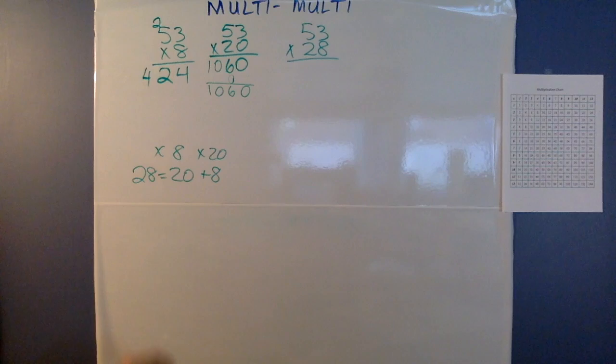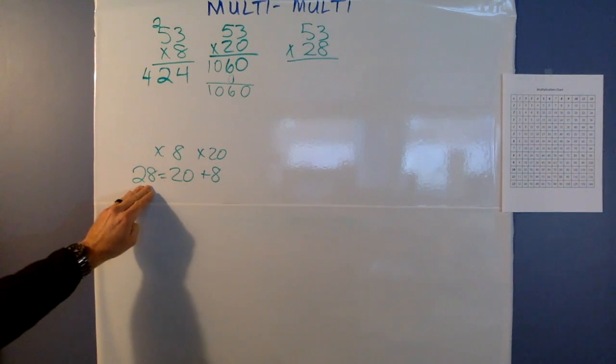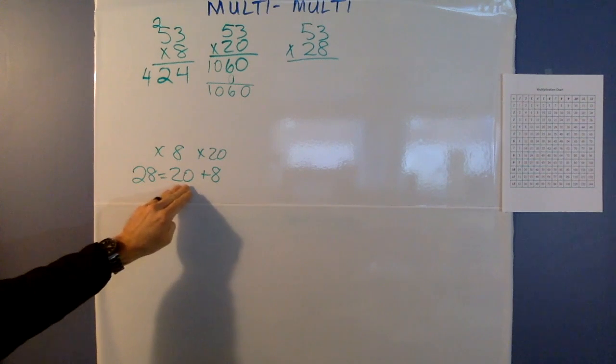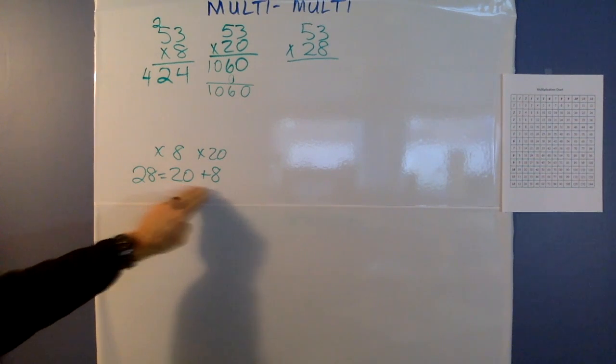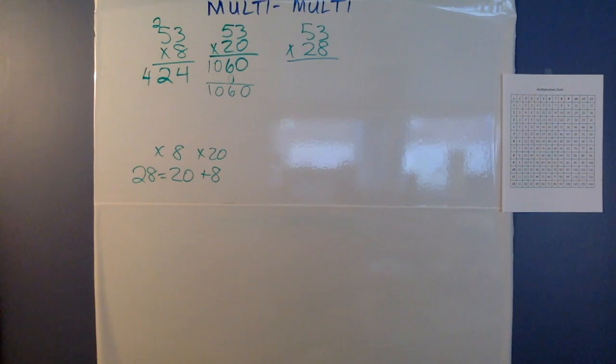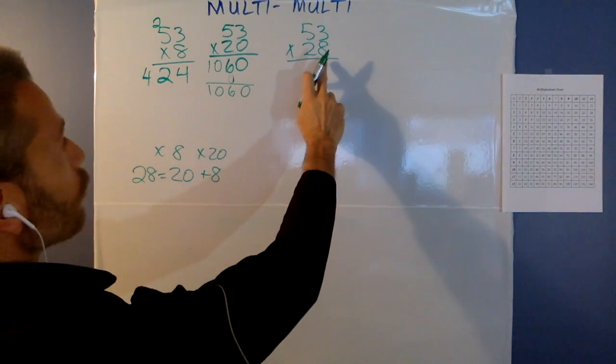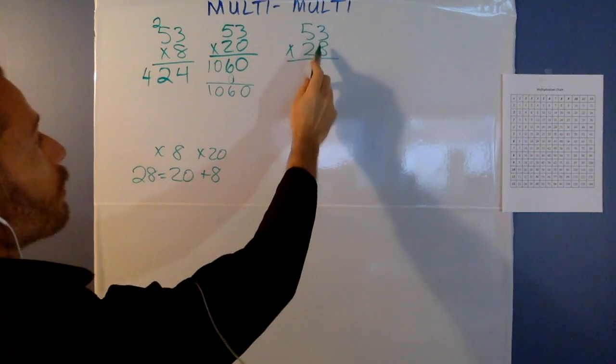And when we're multiplying by 28, we can simplify it by instead doing it in 2 steps. Multiply by 20, multiply by 8. And in this case, we're going to do it in the reverse order. Okay? So we're going to start off with 53 times 8.